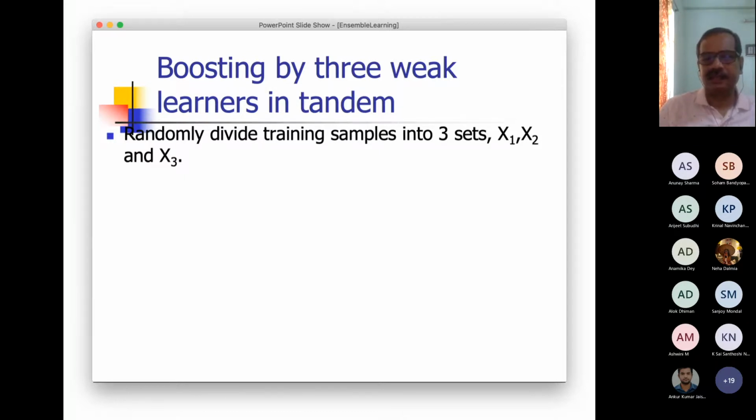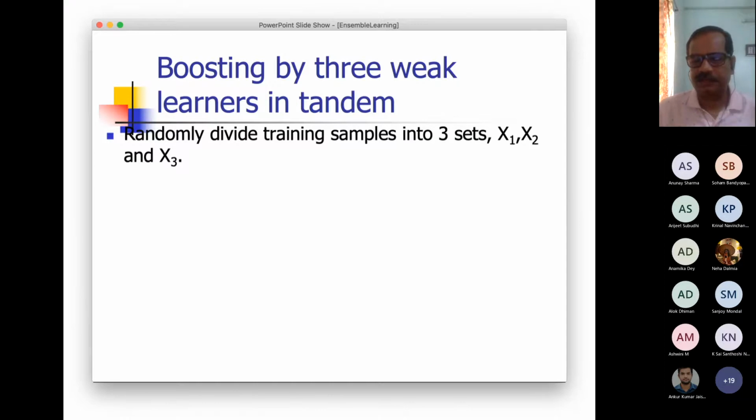Then you test it on X3 and check the agreement between these 2 classifiers. Only those samples on which they do not agree are used again for training the last classifier, which acts like the chairperson of a parliamentary committee or of a parliament itself.